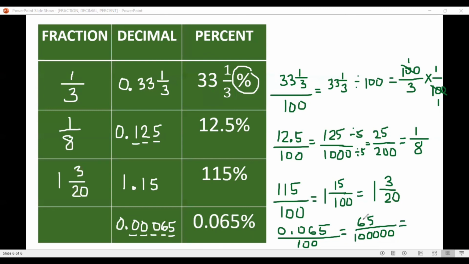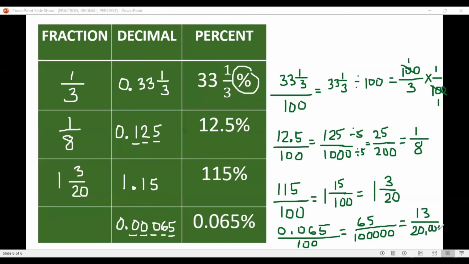So we just divide the 65 by 5. And the answer that we are getting there is 13. 65 divided by 5, that's equivalent to 13. And then the 100,000 when divided by 5 will simply give you 20,000. So the answer that you will be getting there is 13 over 20,000.